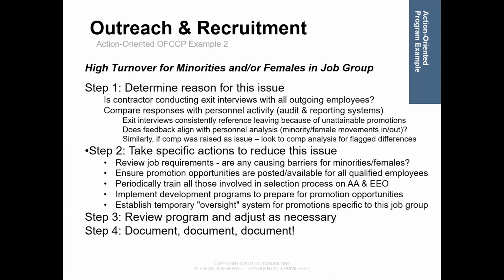Step two, after determining the reason for the issue, you want to design specific action steps to remedy the identified problem or area of opportunity.